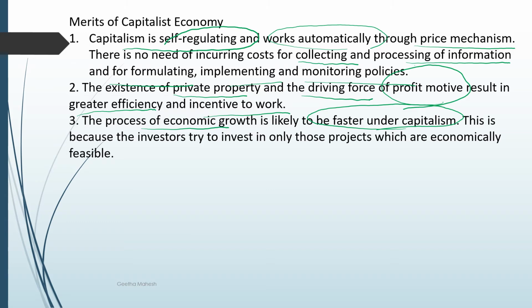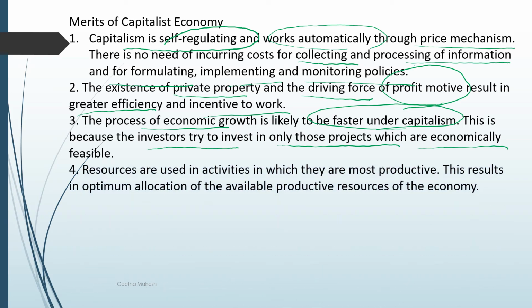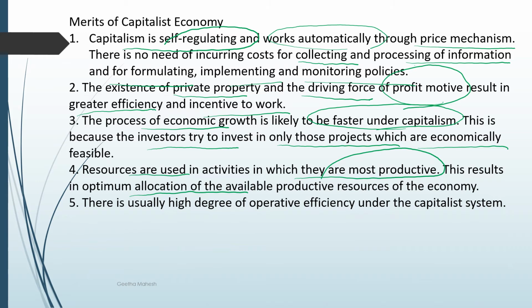The process of economic growth is faster under capitalism compared to other types of economy. This is because investors try to invest only in those projects which are economically feasible. The resources are used in the activities in which they are most profitable or productive, resulting in optimum allocation of available productive resources of the economy. There is usually a high degree of operative efficiency under capitalism.